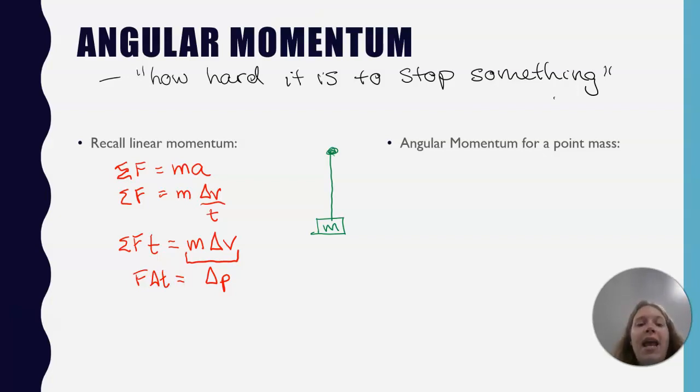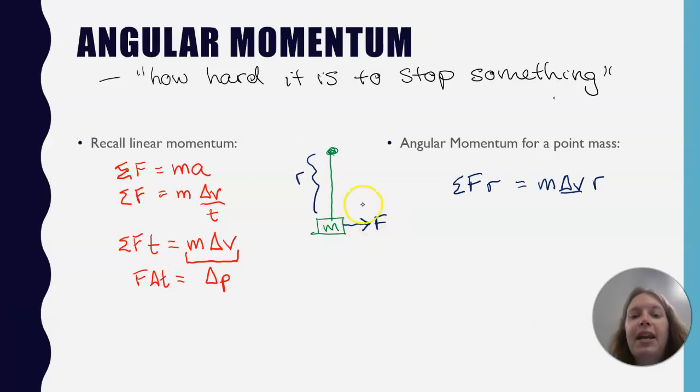So for angular momentum of a point mass, we can think of a mass hanging on a string, and it has a force acting on it, and it is some distance from the pivot of the system. So either there's a string attached to the mass, or if we're thinking about a gravitational system, there's a distance between that planet and the center of mass of the orbit between that planet and another planet.